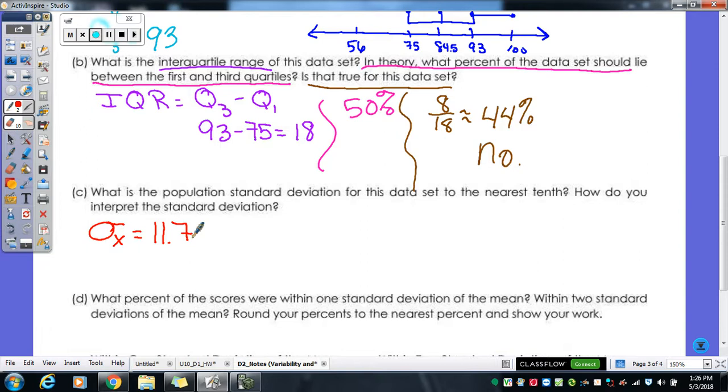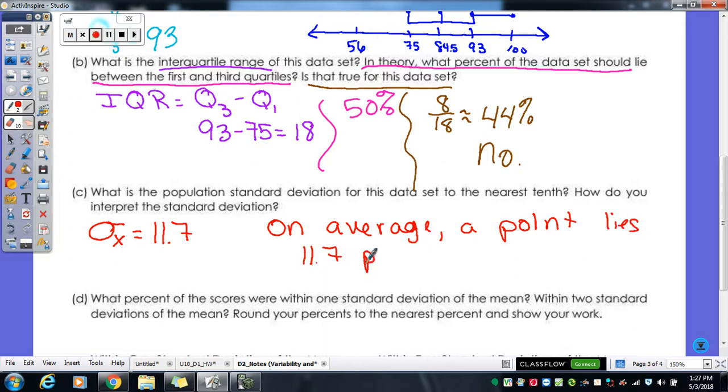So how do you interpret the standard deviation? 11.7 means that on average a data point lies 11.7 units away from the mean. On average, a point lies 11.7 points away from the mean.